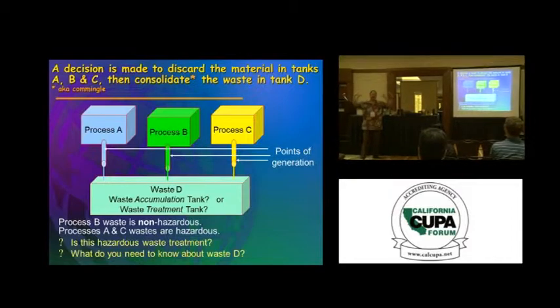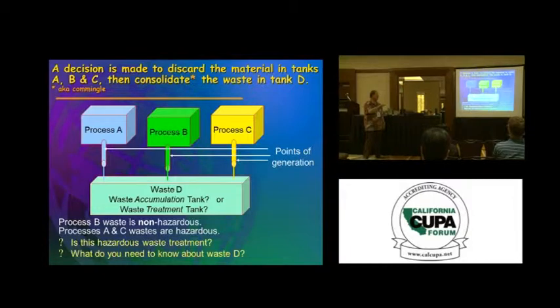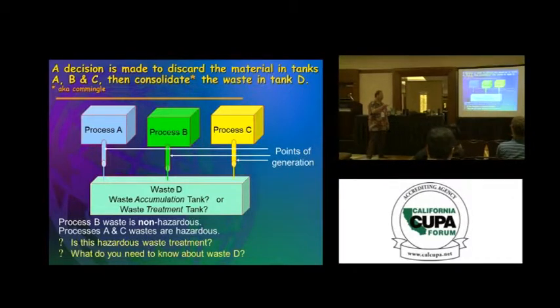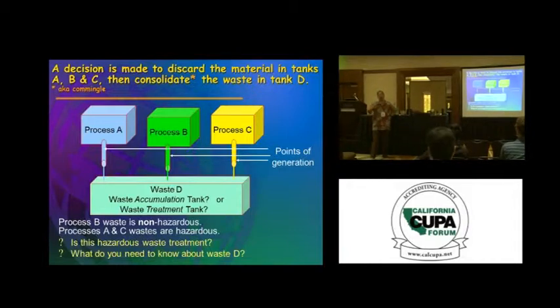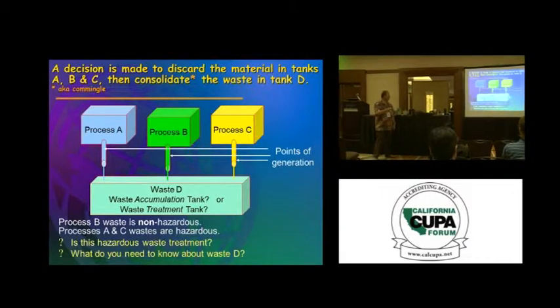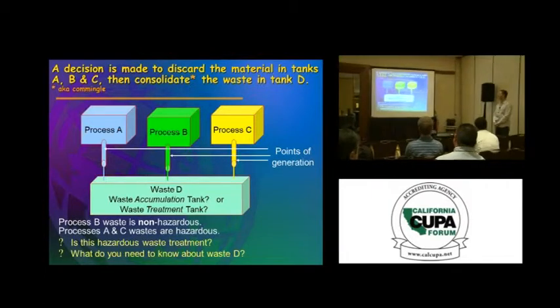Does that entire holistic treatment unit, which may include whatever's happening in tank D, the filter system, and the flock tank, all count as one treatment unit? So yeah, you need to have the holistic view. Right, this kind of goes to point of generation. The point of generation of this waste is here, not here. So you need to ask a lot of questions and get a lot of answers.